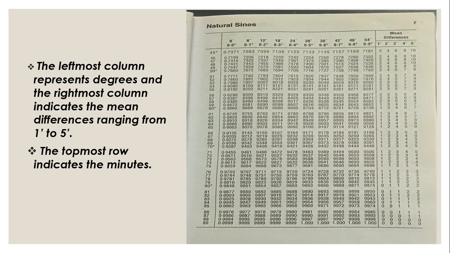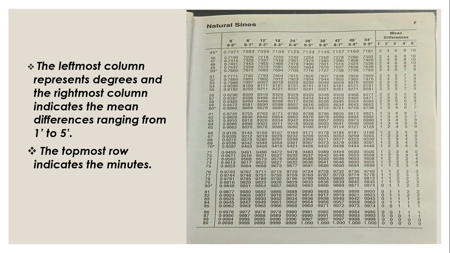Now if we take any page such as natural sines, natural cosines and natural tangents, here I have taken natural sines. In any page, we see a series of rows and columns. Now what are these rows and columns? The leftmost column represents the degrees.